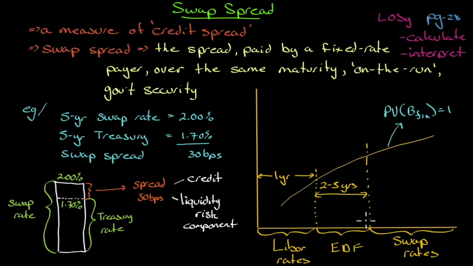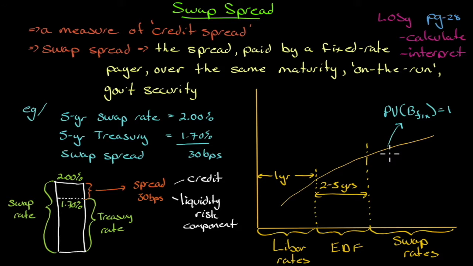Well, what are Eurodollar futures? These are for deposits of US dollars in banks outside of the US. So they'll reflect a lending and borrowing rate at the midterm, which is kind of like LIBOR, but further away. And then past that, you'll use swap rates.